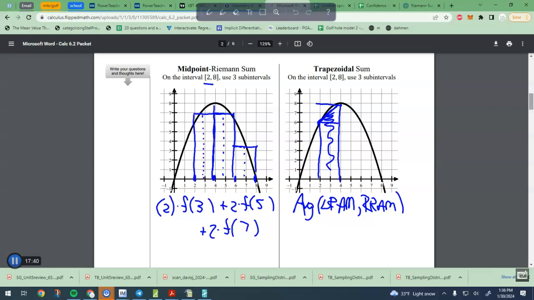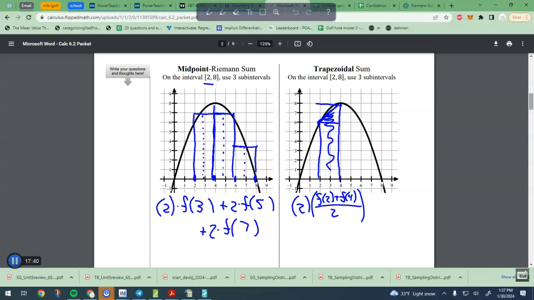If you really wanted to get fancy with the equation, like I would probably never do this, it would be your base is 2, and then the height is going to be f of 2 plus f of 4, divided by 2, because you've got to average the left-hand endpoint and the right-hand endpoint. Plus, and you keep going.